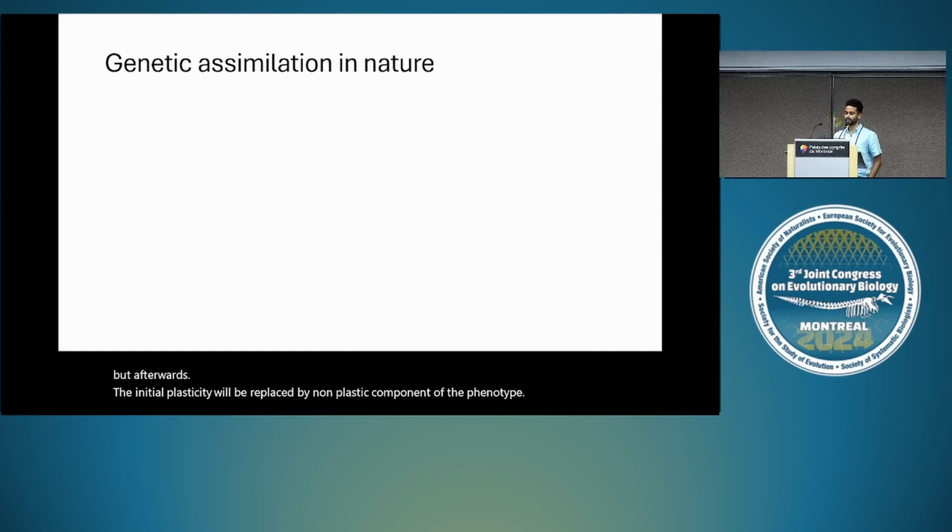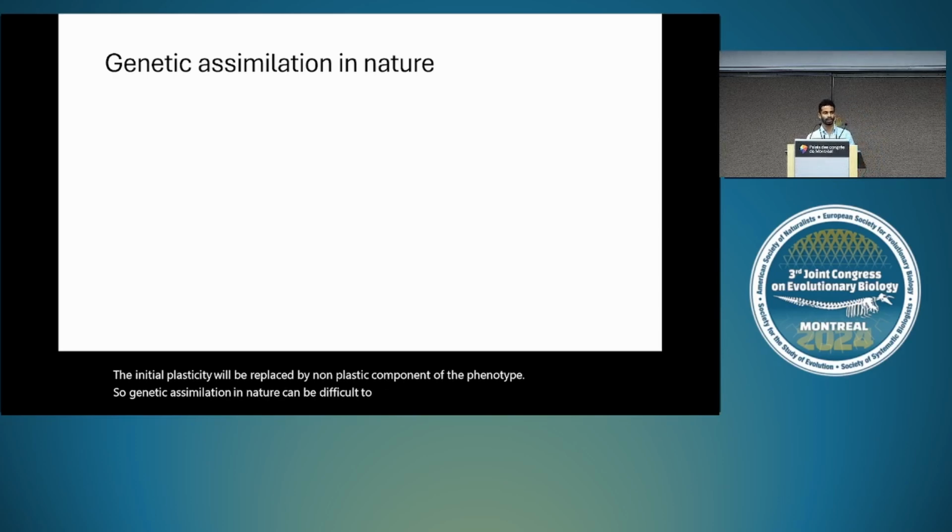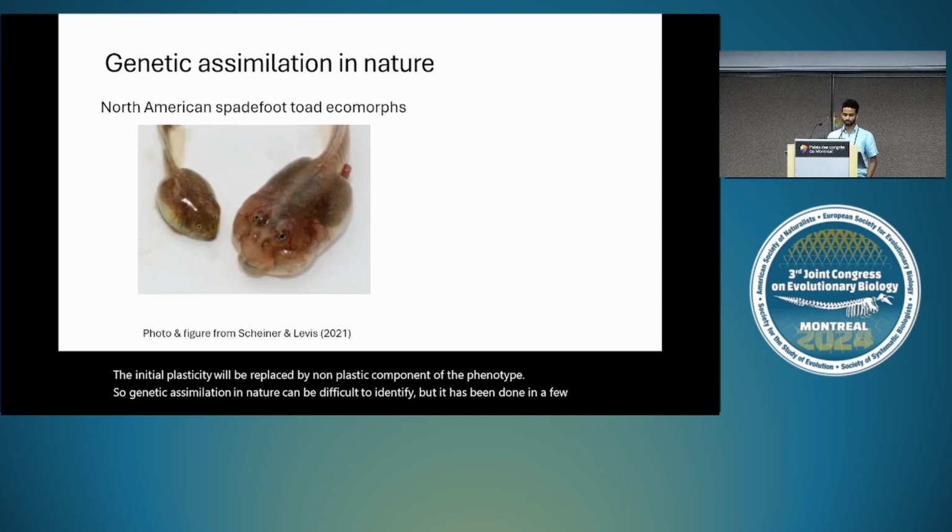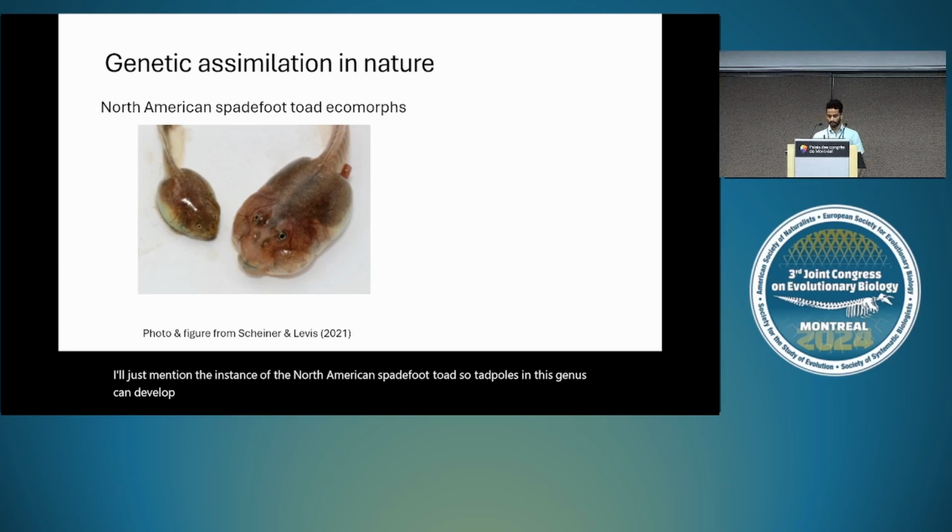Genetic assimilation in nature can be difficult to identify, but it has been done in a few cases. I'll mention the North American spadefoot toad. Tadpoles in this genus can develop into an omnivore ecomorph, seen on the left, if they eat detritus during development, or a carnivore ecomorph if they eat shrimp.